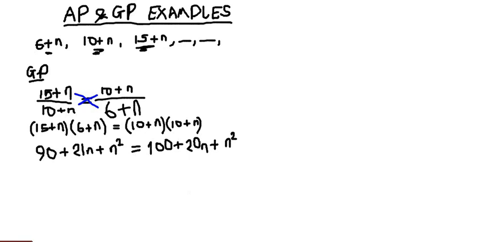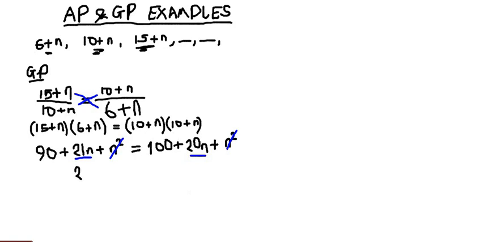So when we collect the like terms here, n squared will subtract n squared, meaning it will become 0. Then we'll remain with grouping the n's. We have 21n and 20n. These can come one side, and the numbers 90 and 100 we group on the other side of the equation.